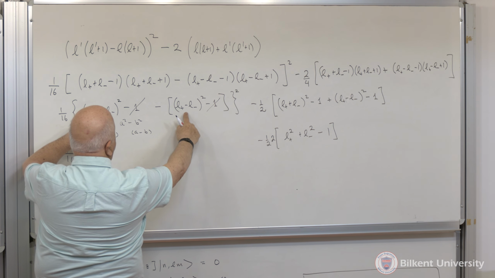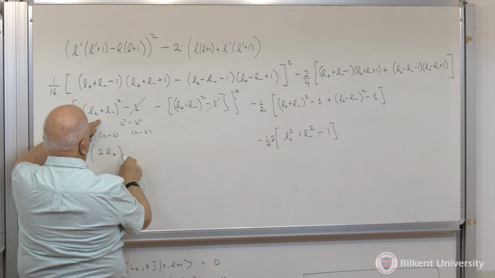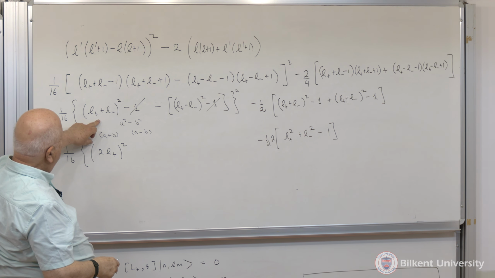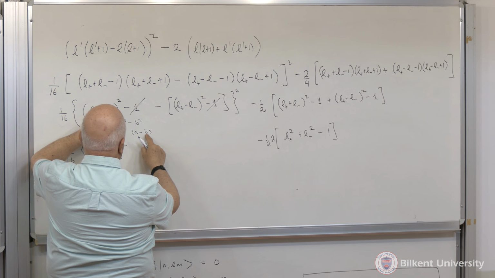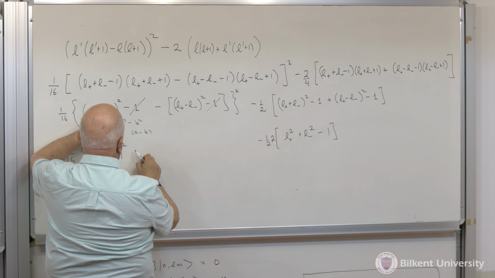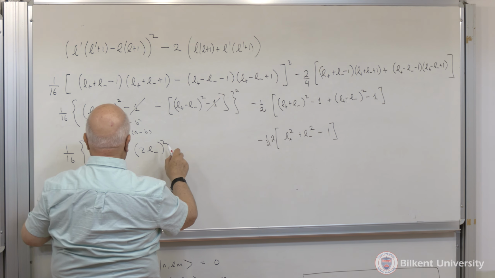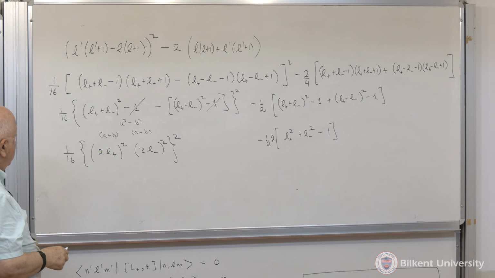So a plus b is going to be 2L plus squared, right? And a minus b squared is going to be 2L minus squared. Okay, so all of that squared.